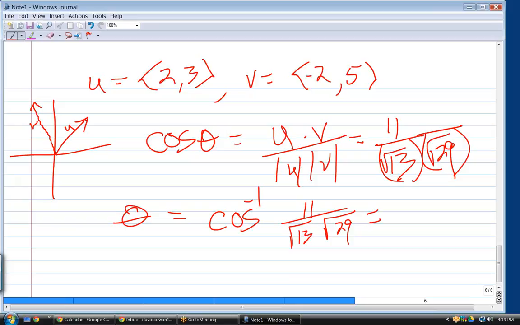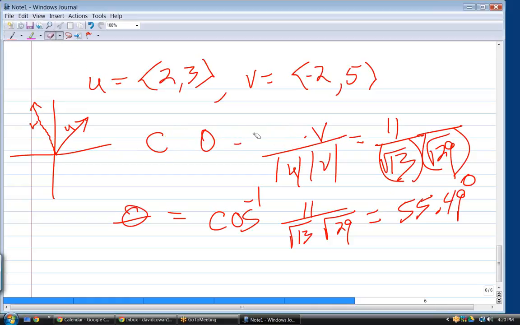You would need to say inverse cosine of parentheses 11 divided by the quantity square root of 13 times the square root of 29, each of those taken to the 1/2 power, in other words. It's 55.49.